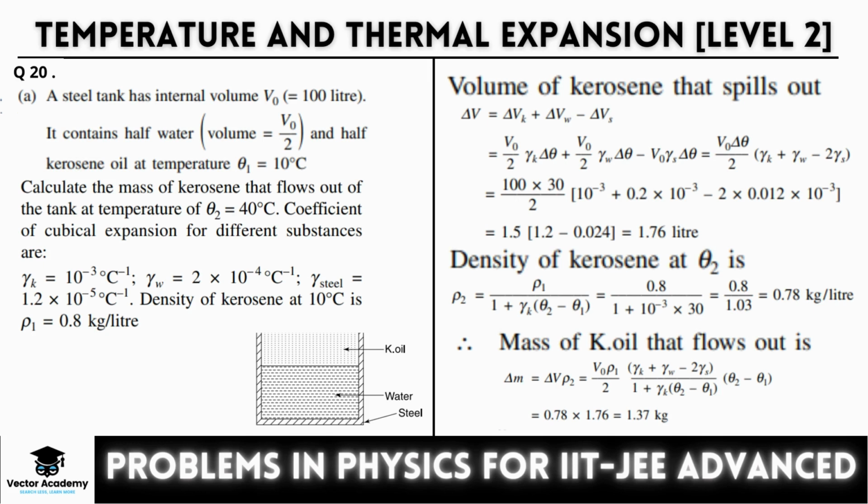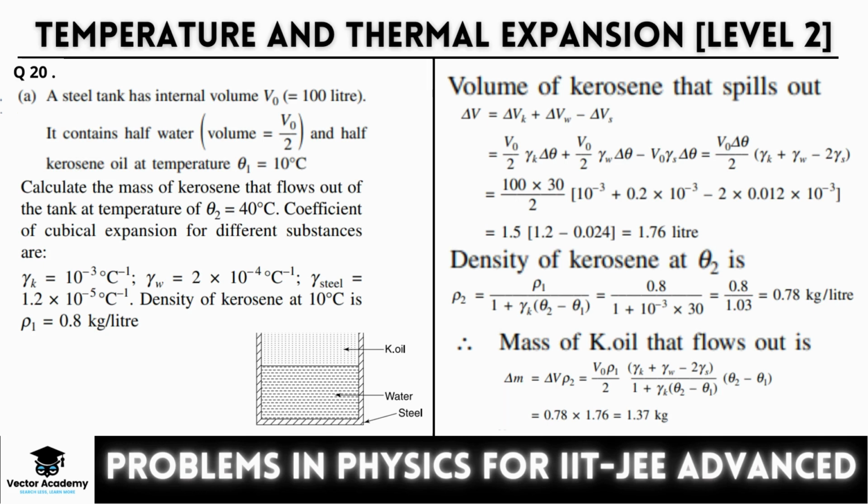Solving it gives the volume of kerosene that spills out, delta V equals 1.76 liter. Density of kerosene at θ2, ρ2 equals ρ1 divided by 1 plus gamma k into θ2 minus θ1.